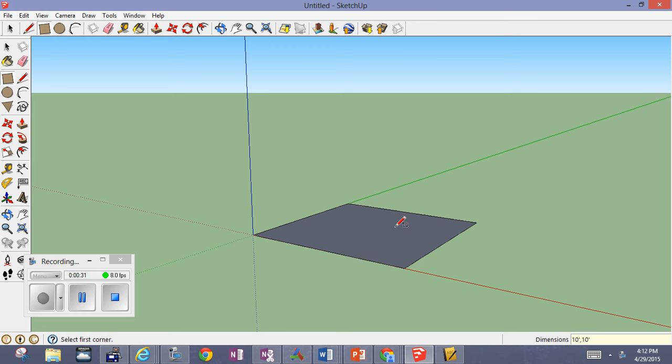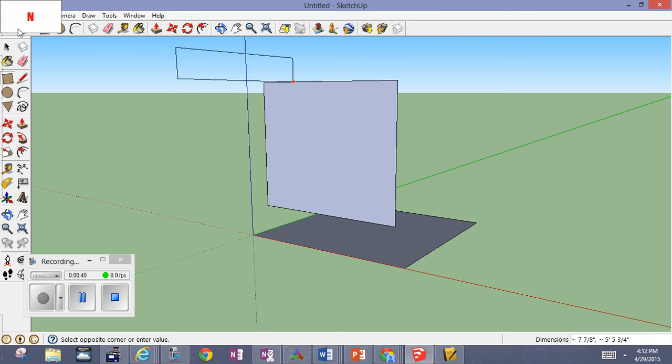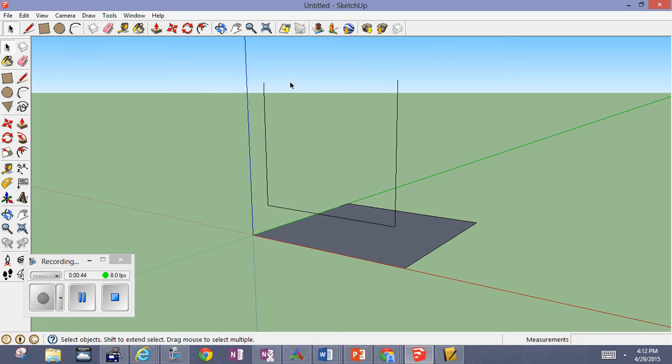Now, in order to construct the pyramid, what I need to do is draw the height of the pyramid. In my case, it's going to be 12 feet high.